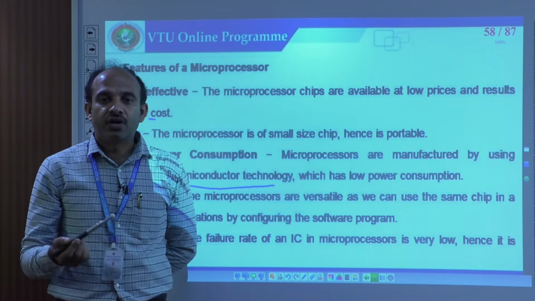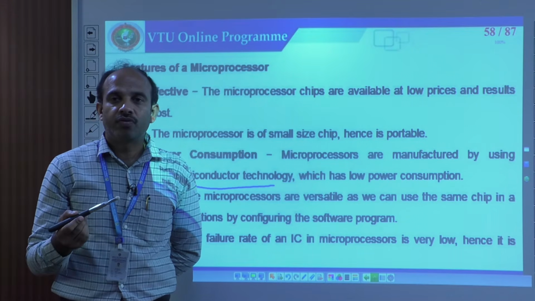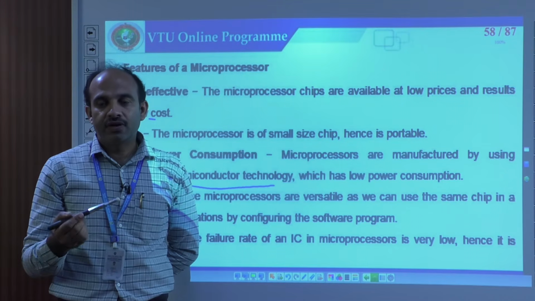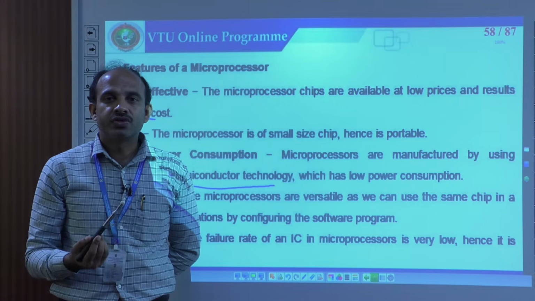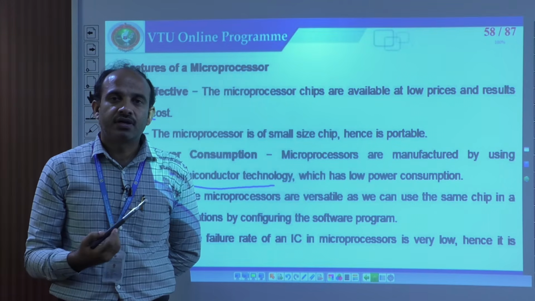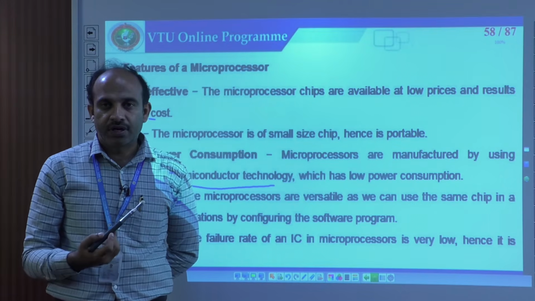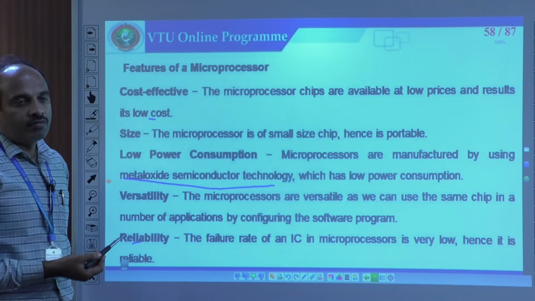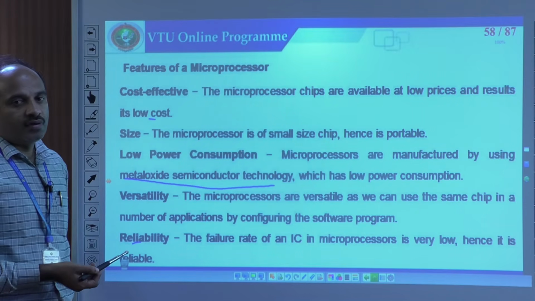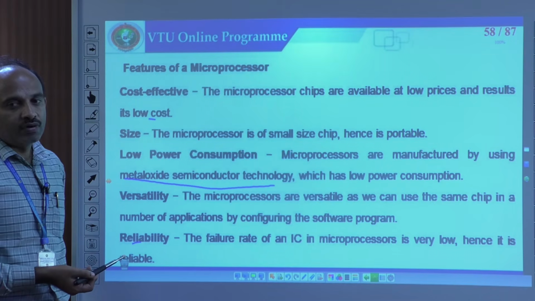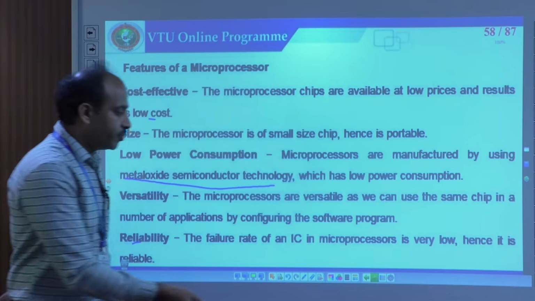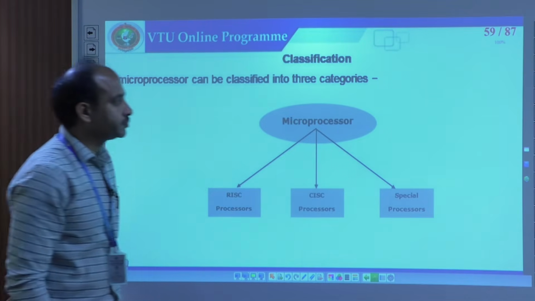The failure rate always depends on the data which you send. That is the reason the error or failure rate will be very low, hence obviously we can rely on it.